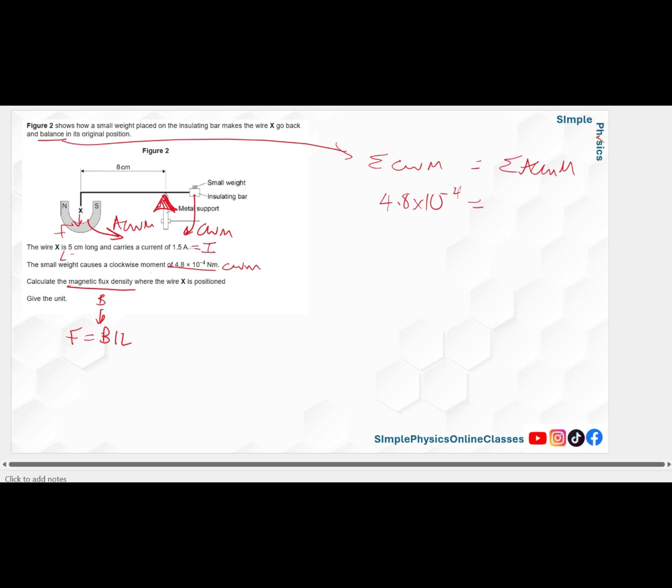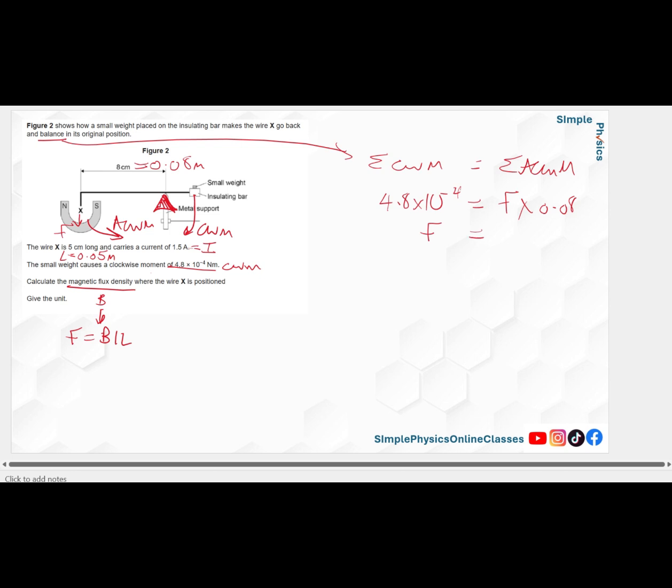Yes, L is here, but it's not in the right unit, so 0.05 meters. Then I could rearrange and work out B if I know F. I can work out F here, because this F times this distance, which is 0.08 meters, will give you a moment of 4.8 times 10 to the minus 4. So you can work out F.